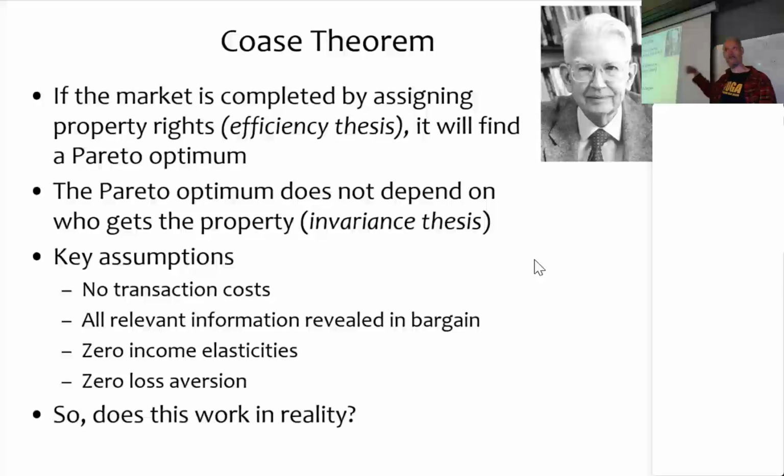Coase himself, the older Coase, said, no, this means that economic theory is all wrong, right? If we have a theory that predicts we can solve externalities without government intervention, and obviously we can't, and the key assumption that we need to make is that we can bargain our way out of externalities without costs.